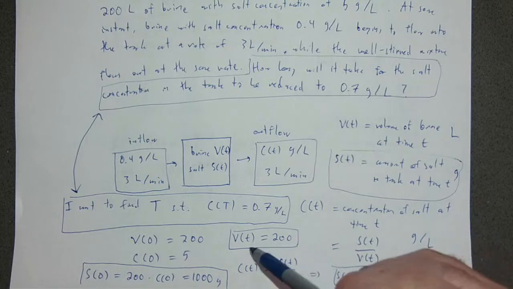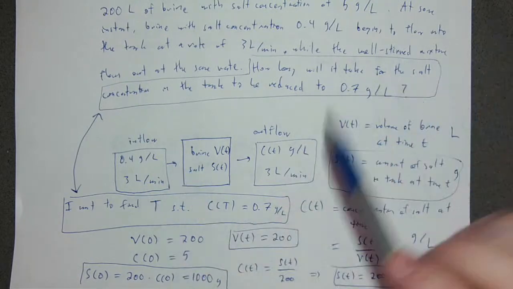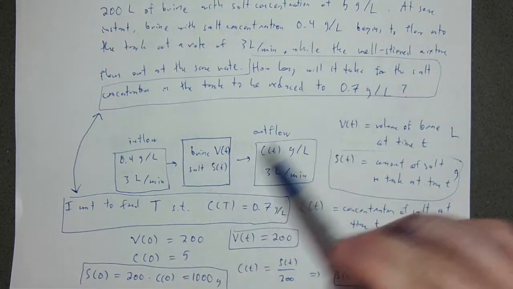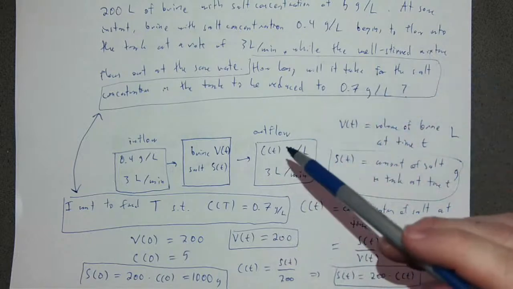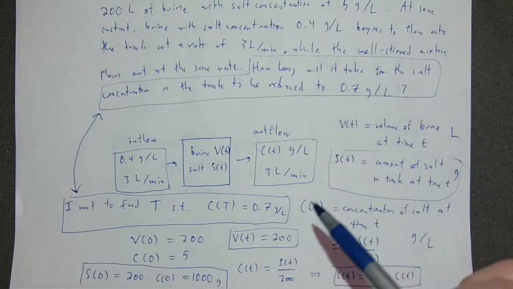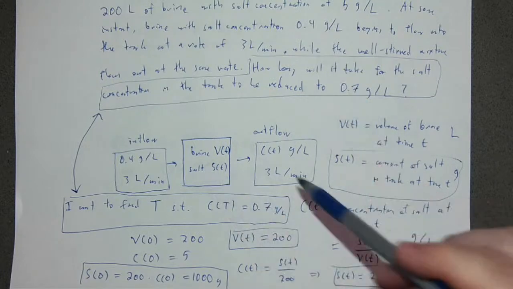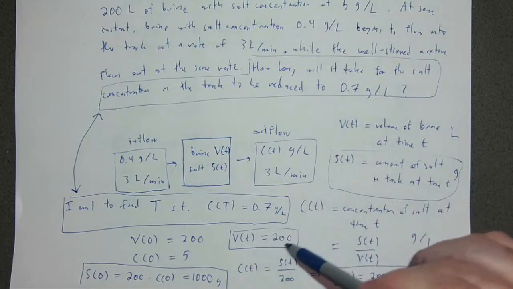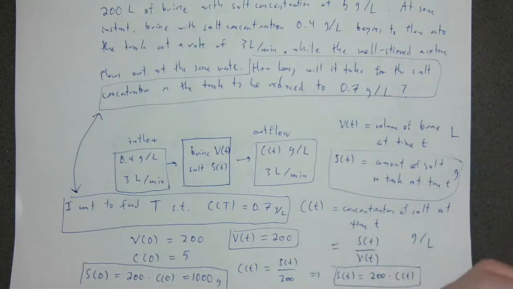Usually it's changing in a very simple way. So maybe it's adding a liter per minute. So in here, if T is measured in minutes, the volume, instead of being 200, would be 200 plus T.